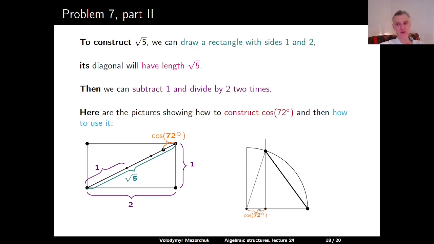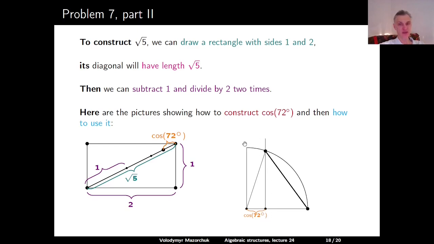And now, if we know what the cos of 72 degrees is, we can do the following. This is our origin, this is (1, 0). So we draw the circle using the compass with the center in the origin and with radius 1. And then on this line, which connects the origin and (1, 0), we can draw the point at distance cos of 72 degrees and erect the perpendicular at this point.